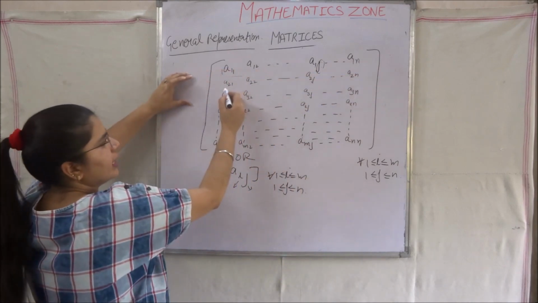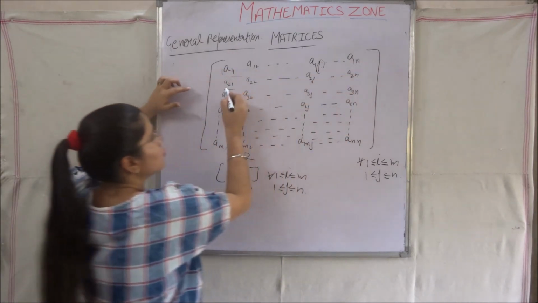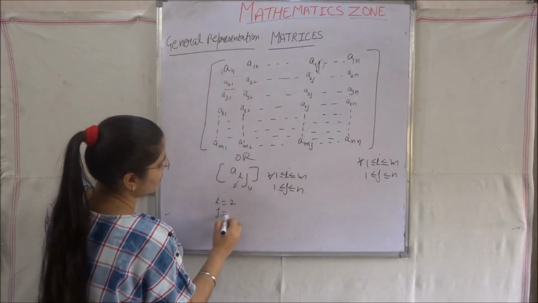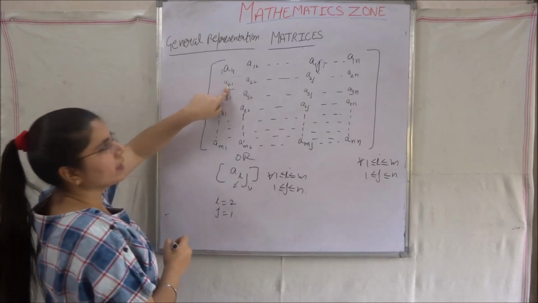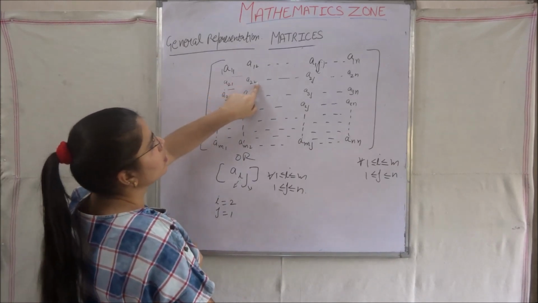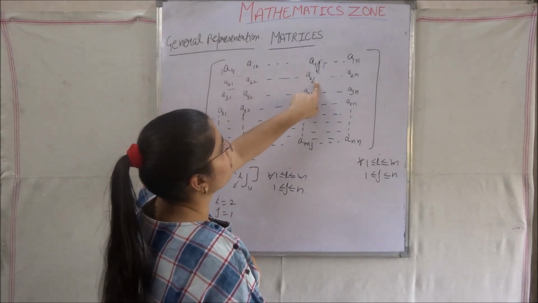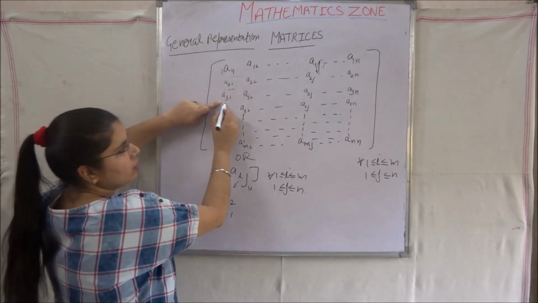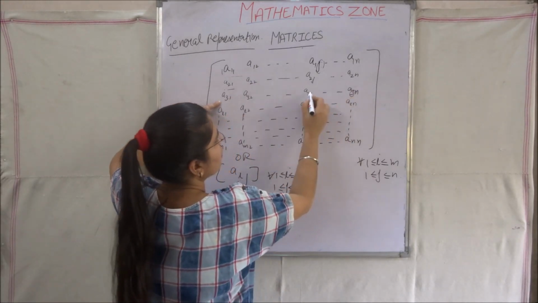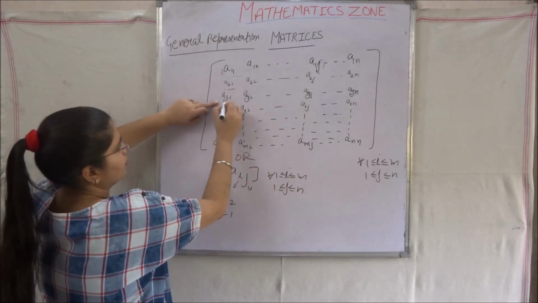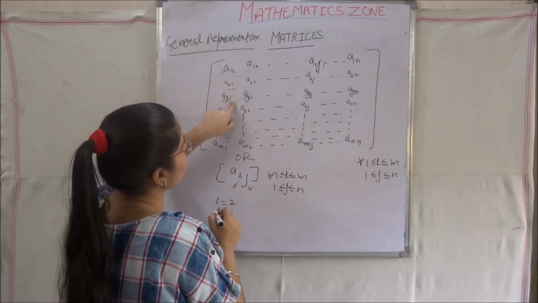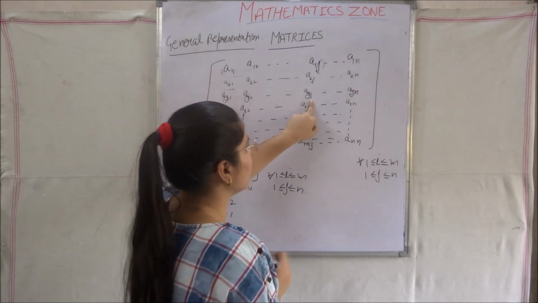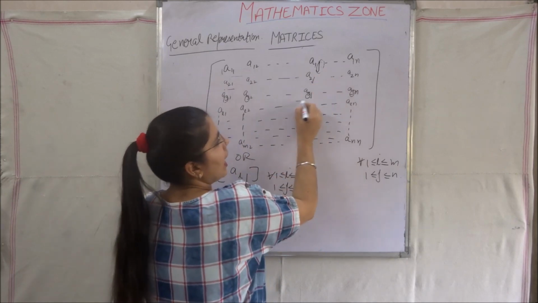In a similar way, A21, because it is the second row, after putting i equal to 2 and j equal to 1, we get A21. Second row, second column. Second row, jth column. Second row, nth column. In a similar manner, for the third row, throughout our first suffix will be 3. So A31, A32 and A3j, because this is our jth column and third row.